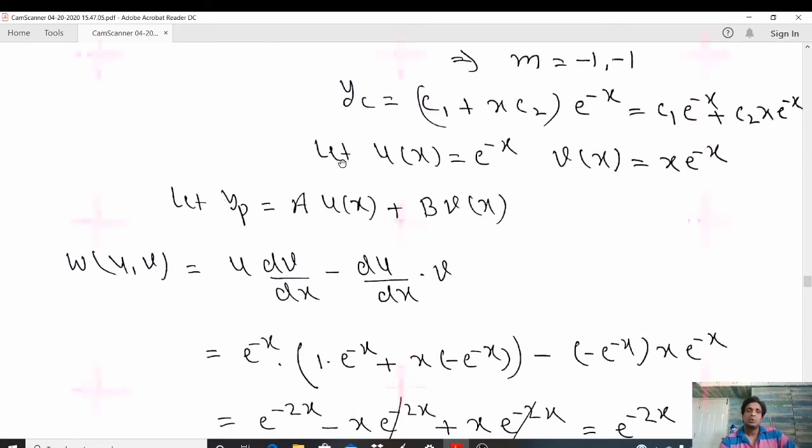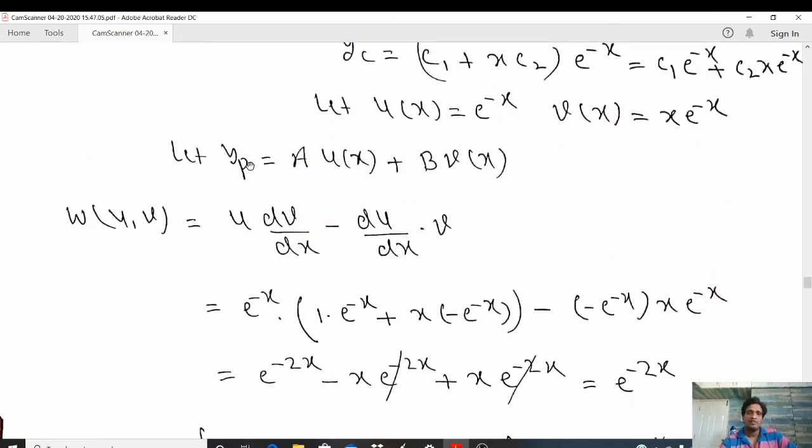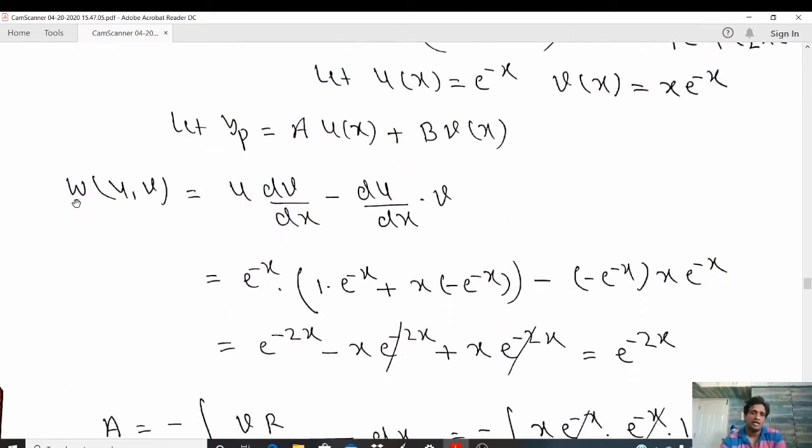Okay. So u of x will be e power minus x, v of x will be x into e power minus x. So yp will be a into u of x plus b into v of x. Now we are finding the Wronskian of u comma v, which is useful for finding both a and b values.